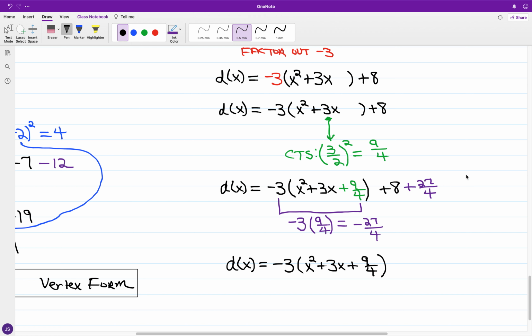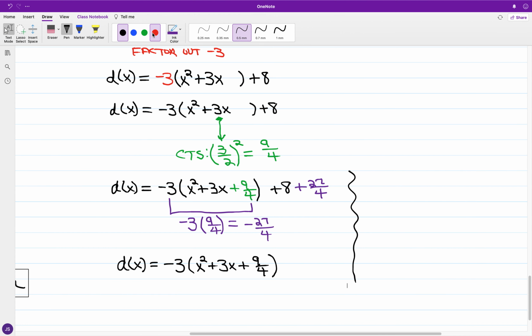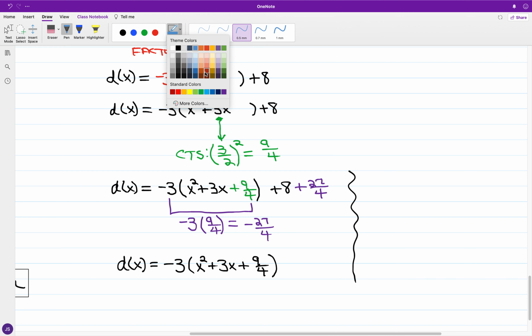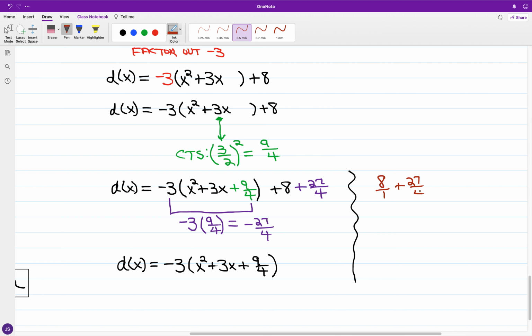Now I'll just mention, moving over to the side here, for 8 plus 27/4, think of this like 8/1 plus 27/4, and adjusting 8 in terms of fourths.